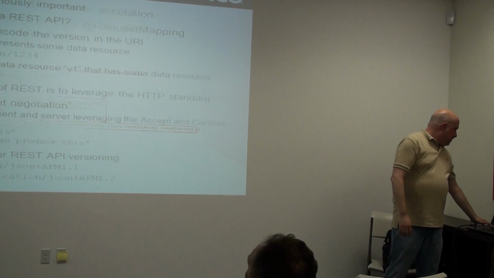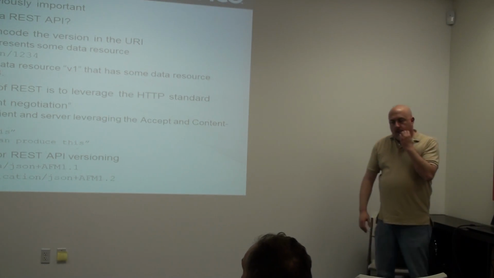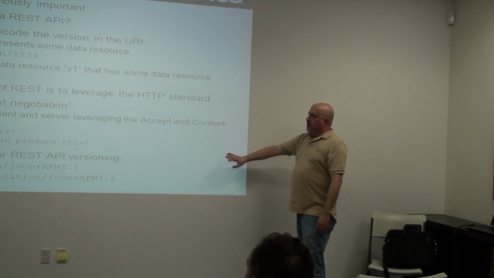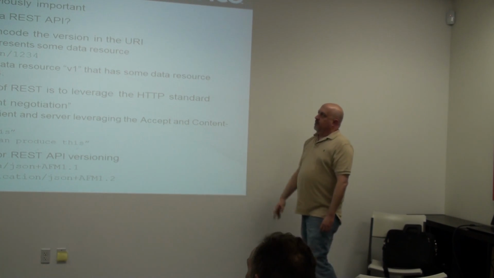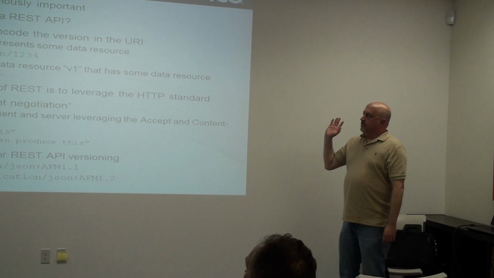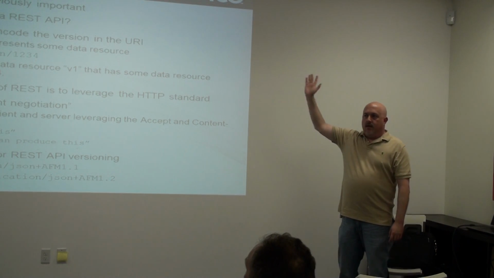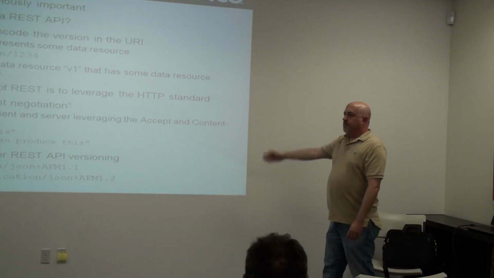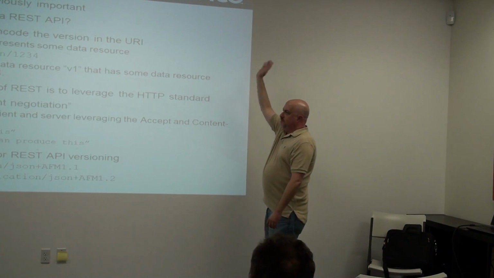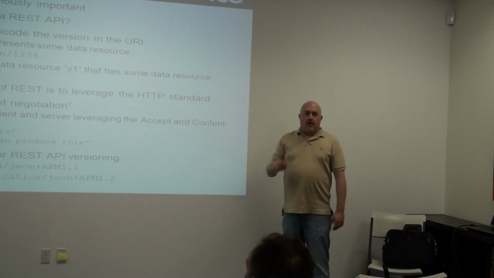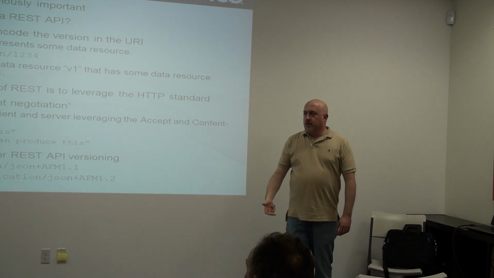So in terms of versioning, I can't claim to have come up with this. Google's my friend just like everybody else's. But you typically see people stick some version thing in the path. If you're a REST purist, that's utterly wrong because you're implying that there's a V1 resource out there that you're adding something to as a child.